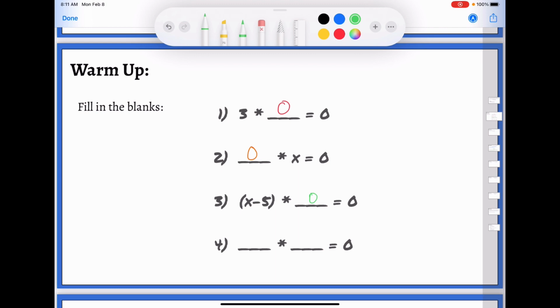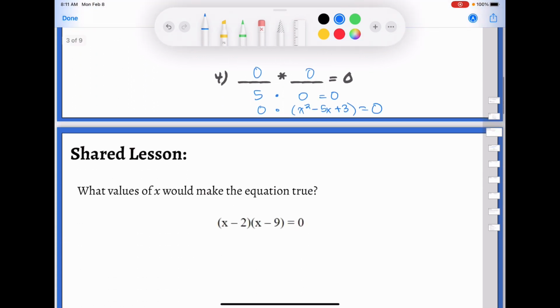So then on number 4, sure, I could have both of these blanks equal 0, or I could have 5 times 0 equals 0, or I could have 0 times x squared minus 5x plus 3 equals 0, right? However you want to do that, but as long as one of those blanks is 0, the whole thing equals 0. And that's going to be a huge key in our lesson for today.